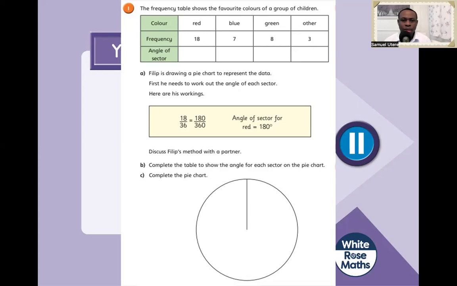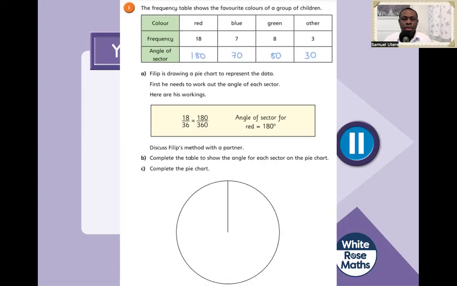How do we complete the table? What is the clever way to do this? Well, you may be wondering, why has he used this method? Why has he done 18 over 36, which is 180 over 360 degrees?